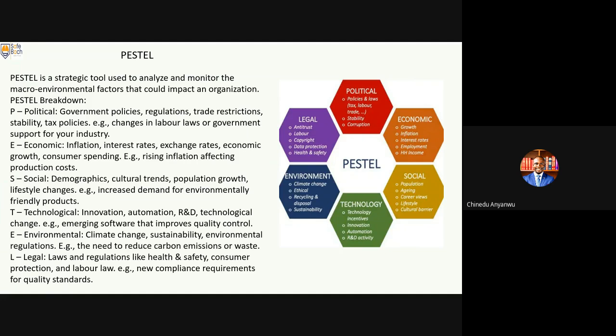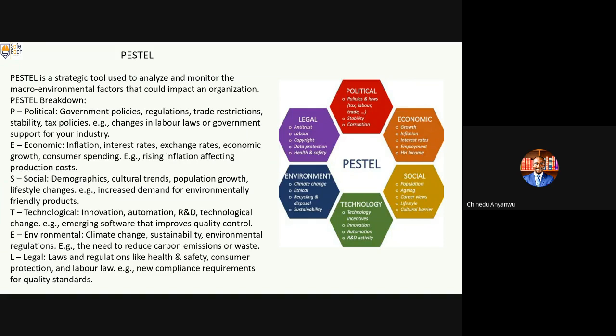A simple PESTEL document will simply mean you listing down, for instance, what are the political issues: government policies, regulations, trade restrictions, stability, tax policies. All these fall under political issues. Then you ask yourself questions on the E. What are the economic issues?